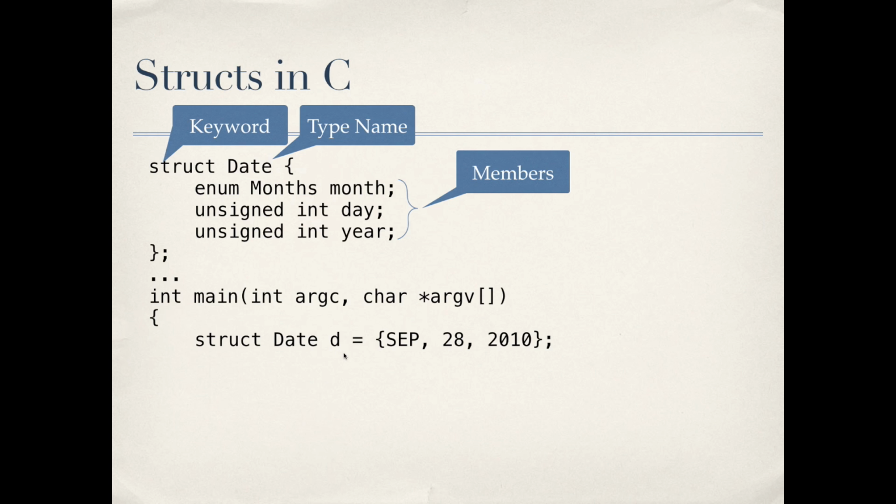We could give it an initial value: we open a curly brace and write down the values in the order as they appear in the type definition. So first the month, then the day, and finally the year.